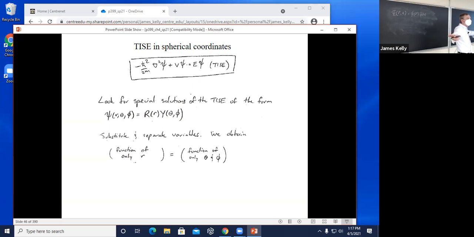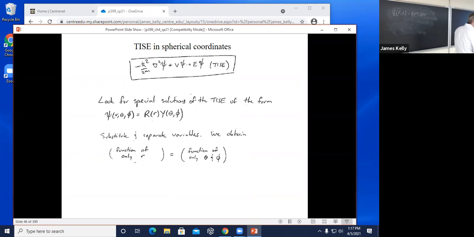And then you make the argument, if this is a genuine function of r, in other words, it's not constant as r changes, then I could change this side, but this side wouldn't get the message, and that wouldn't make any sense. So the only way a function of r can equal a function of only theta and phi is if both sides are equal to a constant.